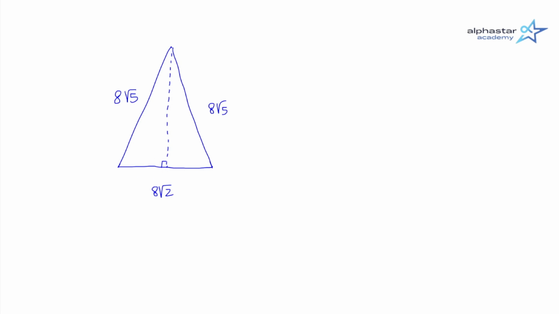And to do that, we use the Pythagorean theorem. Note that the altitude bisects that base. So if this is h, then h squared plus (4√2) squared equals (8√5) squared, right? And so this is 32, and this is equal to 320, okay?